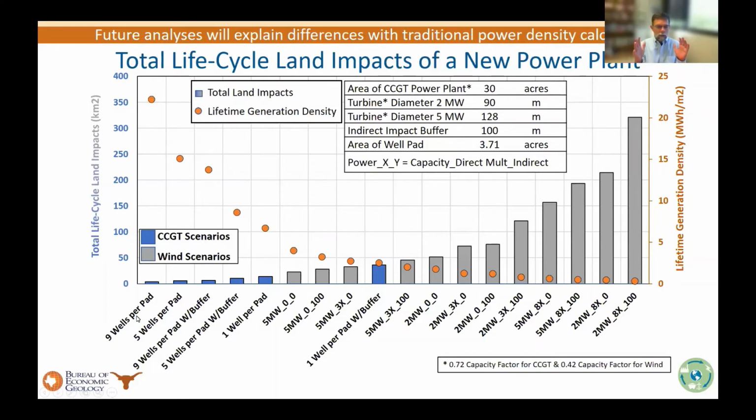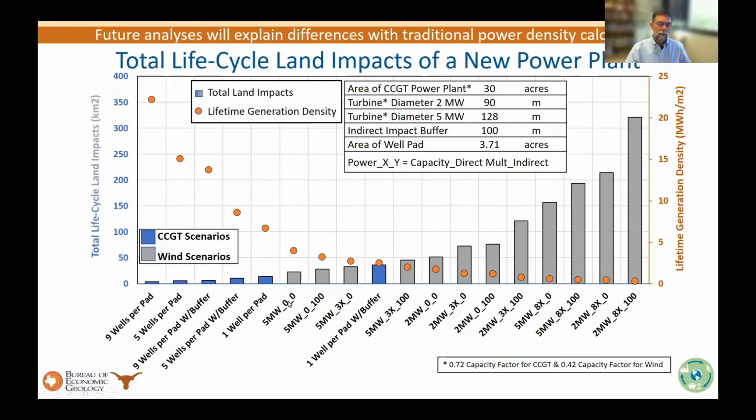We're really packing those wells into a single pad area that's 3.7 acres in size. That's a small land area with a lot of wells, and it's generating a lot of gas, so the generation density is going to be higher in those cases. As we decrease the number of wells per pad from 9 to 5 to 1, you can see this generation density decreasing.